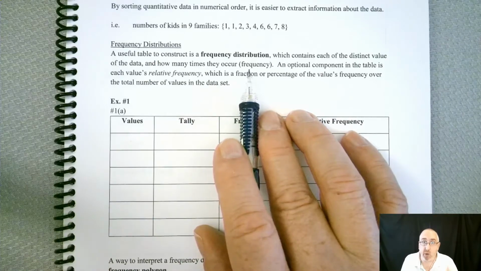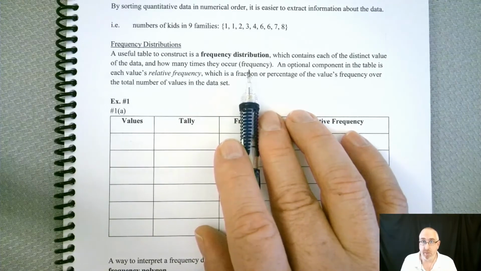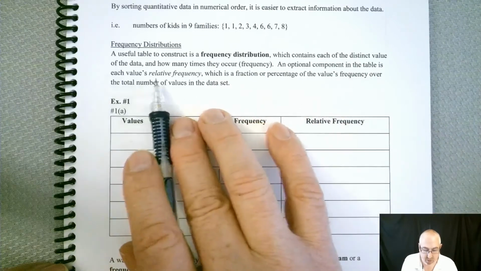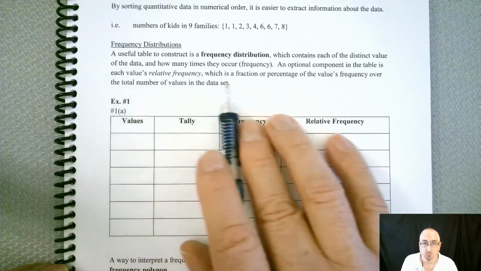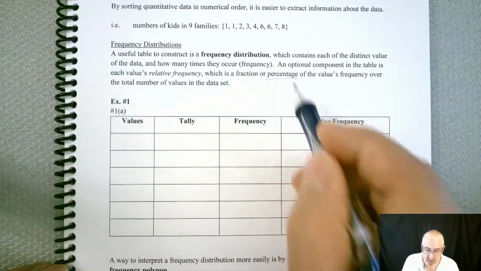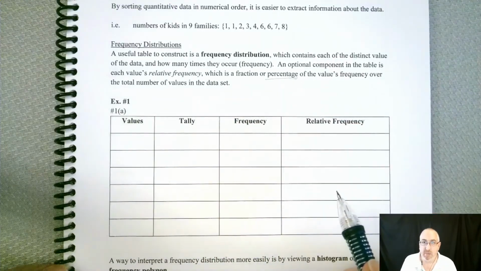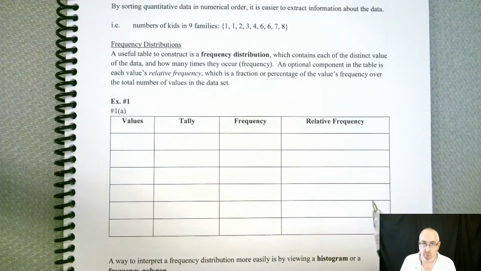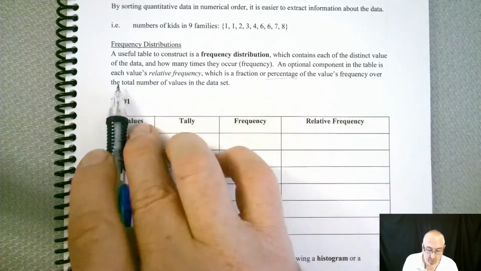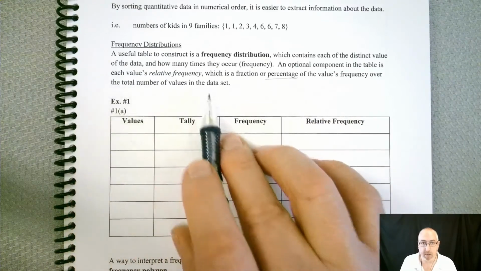So how frequently do you see that particular number happen? An optional component in the table is each value's relative frequency, which is a fraction or percentage. I'm going to underline percentage because that's typically what you want for a relative frequency: the value's frequency over the total number of values in the data set.